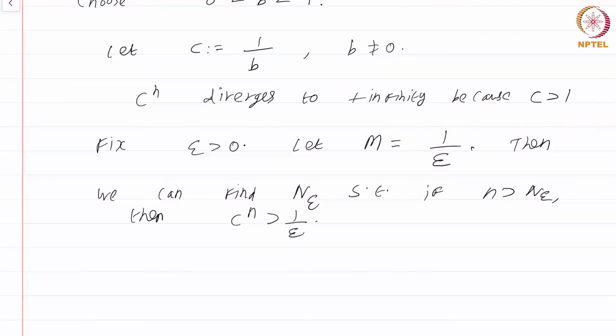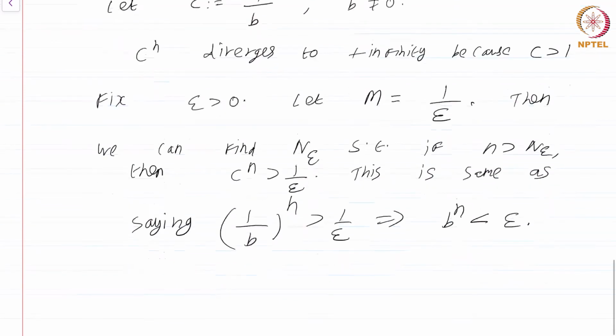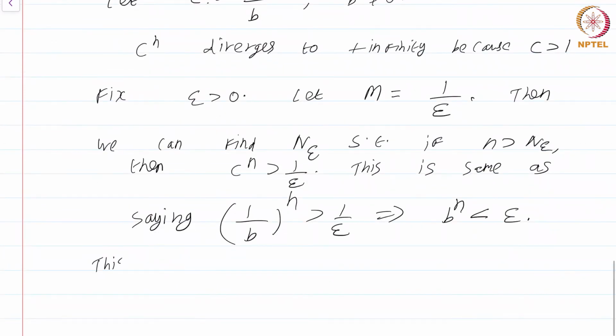Okay, but this is same as saying 1 by b power n is greater than 1 by epsilon, which is same as saying b power n is less than epsilon. So this shows b power n converges to 0.